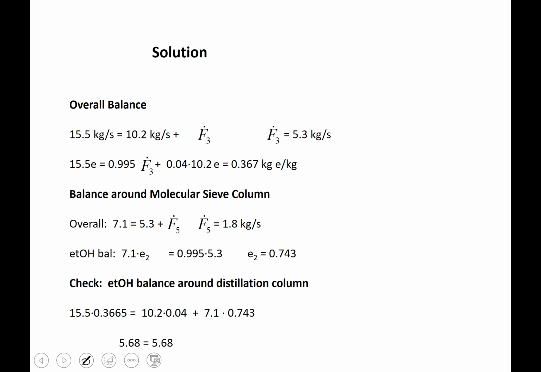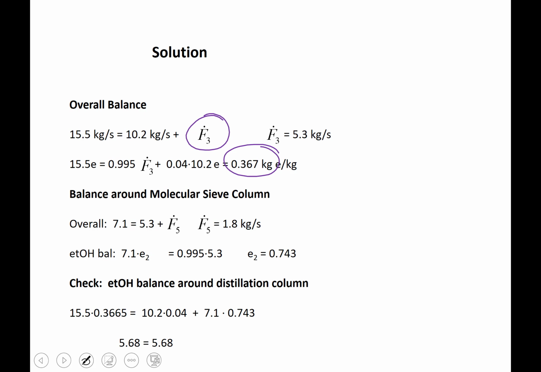So if we do the overall balance, we can solve for F3, and then we can solve for the mole fraction of ethanol in stream 3. We can then do the balance around the molecular sieve column.